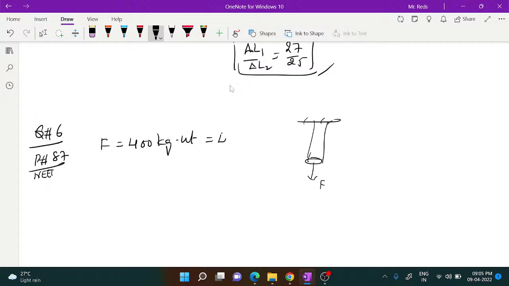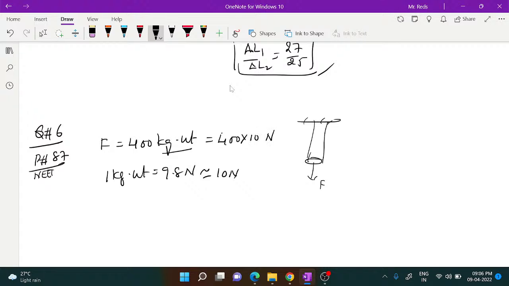It is equal to 400 into g. The conversion relation between kg weight to Newton is 1 kg weight is equal to 9.8 Newton, or approximately 10 Newton. Depending on the requirement, you can take any value. For simplified calculations, you can take 10 Newton, so 4000 Newton.